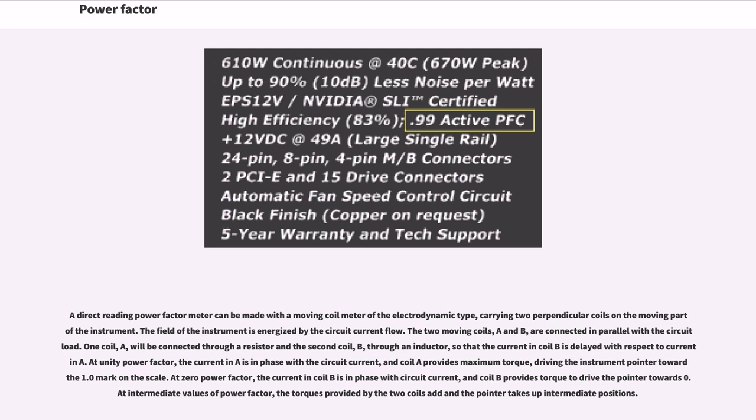One coil, A, will be connected through a resistor and the second coil, B, through an inductor, so that the current in coil B is delayed with respect to current in A. At unity power factor, the current in A is in phase with the circuit current, and coil A provides maximum torque, driving the instrument pointer towards the 1.0 mark on the scale. At zero power factor, the current in coil B is in phase with circuit current, and coil B provides torque to drive the pointer towards 0. At intermediate values of power factor, the torques provided by the two coils add and the pointer takes up intermediate positions.